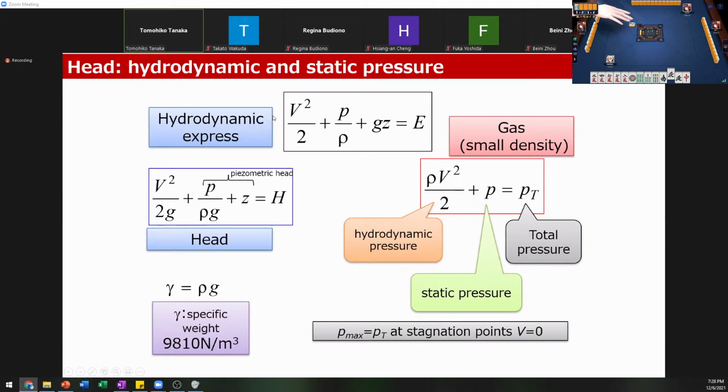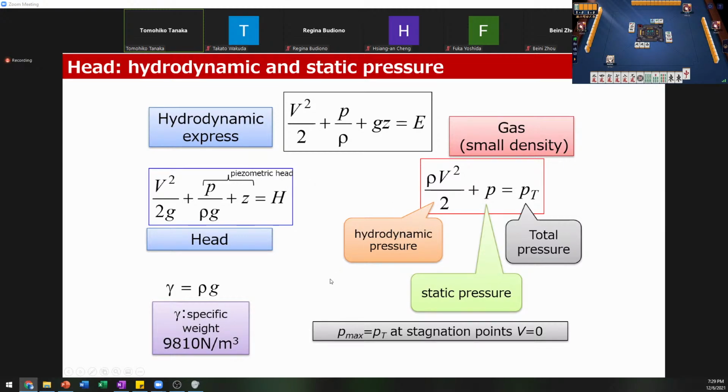The first one is the hydrodynamic expression: V squared over 2 plus P over rho plus g times z is equal to E. And also in the head expression, V squared over 2g plus P over rho times g plus height z. The last two terms can be called the piezometric head.